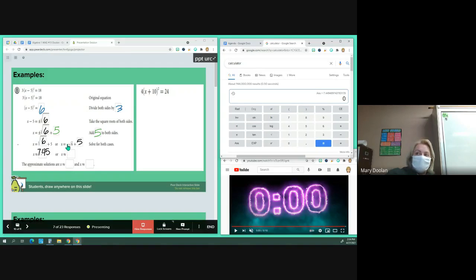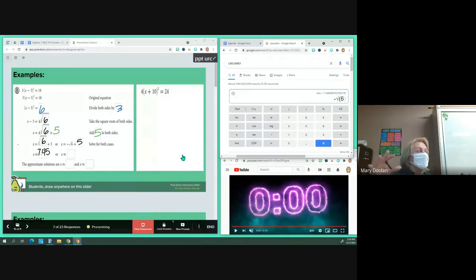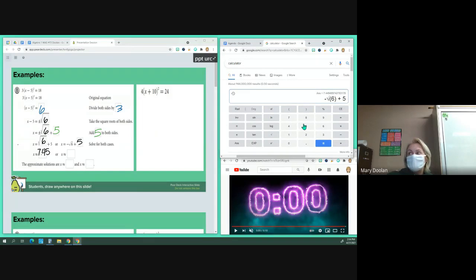Now we want to figure out what is negative square root of 6 plus 5. So if I press the subtraction sign, that'll give me the negative I need. Then the square root symbol. And then a 6. And that's all that's under the square root symbol, just 6. So we need to close the parentheses. And then we're going to add 5 after. Okay?